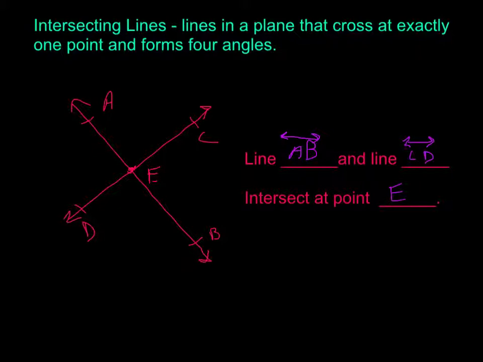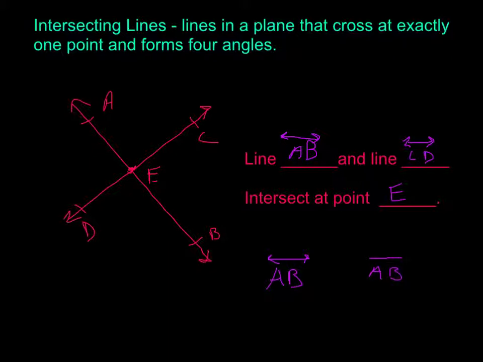We would have our lines. Once again, when we're talking about a specific line, we always write it as a line with an arrow at each end, and then we put the letters of the line. So it would be A, B for a line. Now, had these not been lines and they were line segments, then I could just put a bar over it and call it AB.